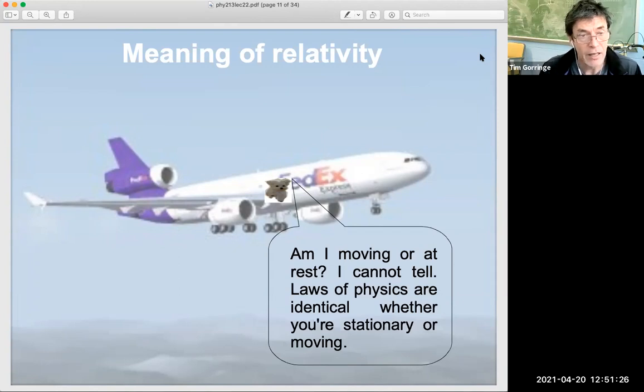And again, he can't use the laws of physics to determine whether he's in motion or at rest. He can throw a ball in the air and catch it, and he can't distinguish whether he's in motion or at rest. So it's a second example of there being no privileged at-rest reference frame in relativity. You cannot tell whether you're at rest or in constant motion.